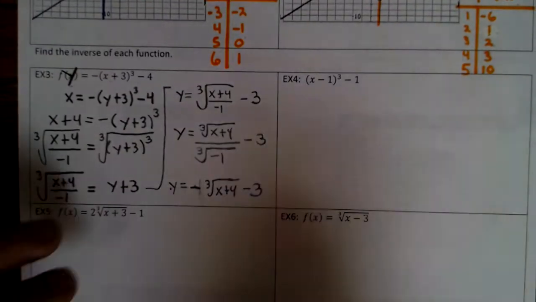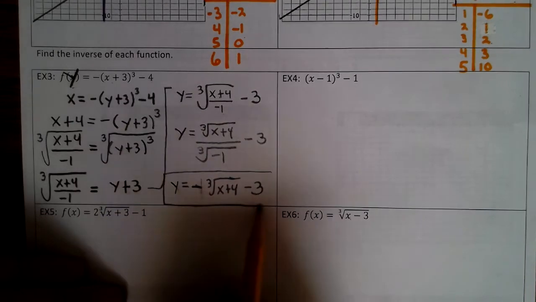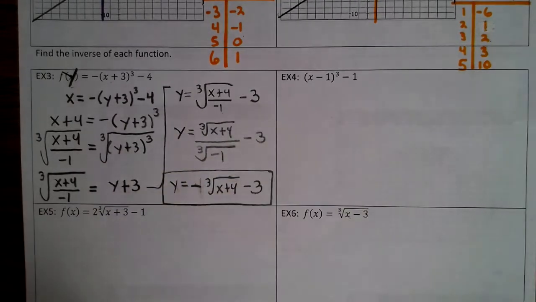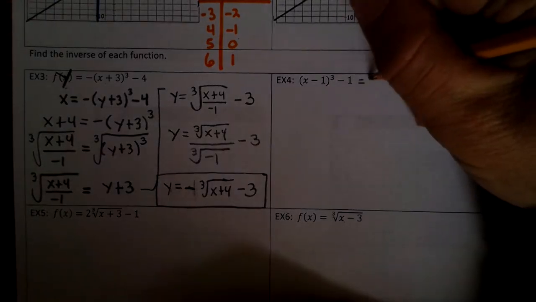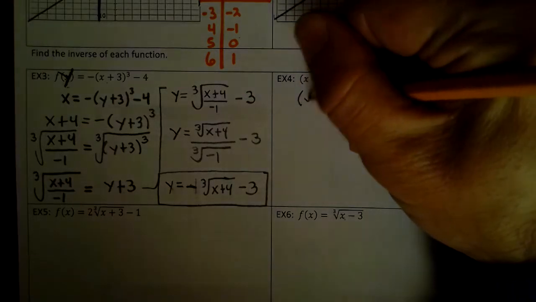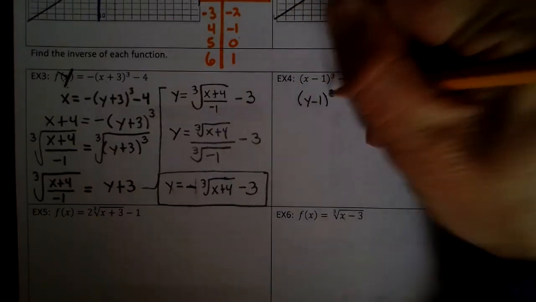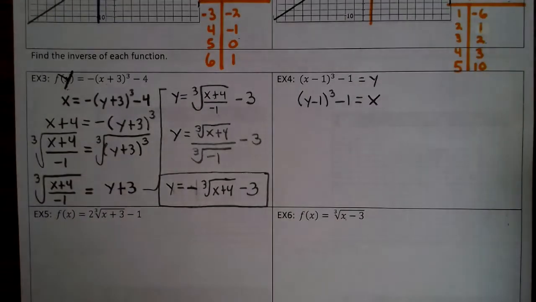Okay. Now, example 4, there's a mistake. That should say equals y. So first step, switch the x and y. So we have y minus 1 cubed minus 1 equals x. So we add 1 to both sides. We get y minus 1 cubed equals x plus 1.